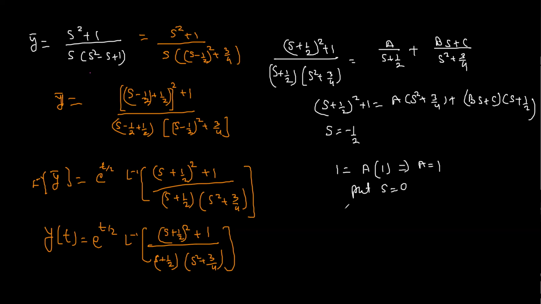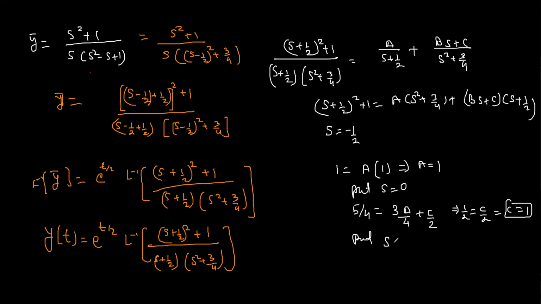Put s is equal to 0. 1 by 4 plus 1, 5 by 4. 1 by 4 plus 3 by 4, 4 by 4 means 1. C is 1.